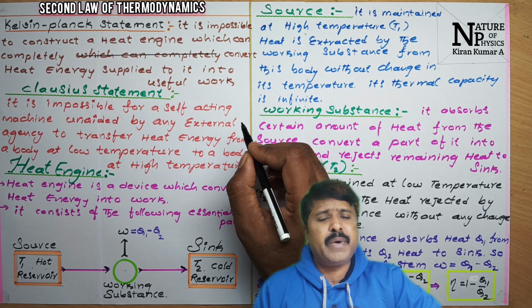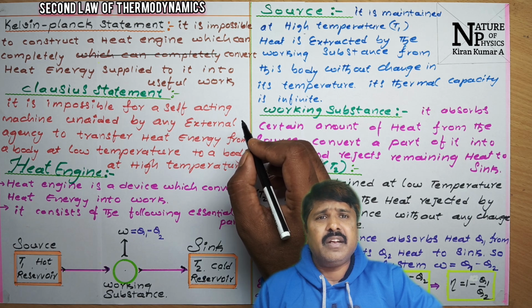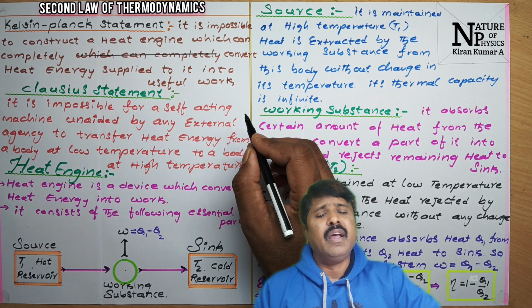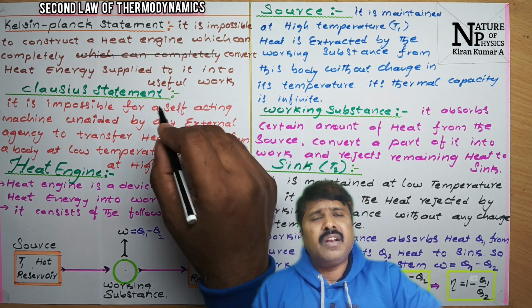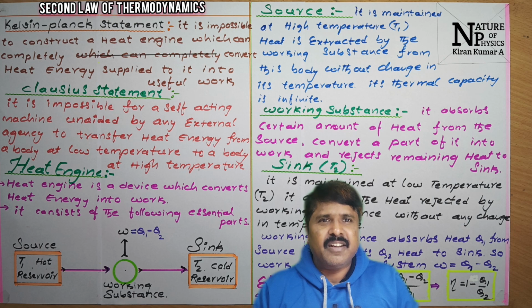Best example is a bike, in which we use fuel. Fuel burns with the help of oxygen, so heat energy is produced, and heat energy is converted into mechanical energy according to the law of conservation of energy. But some of the heat energy is transferred from the system to the surroundings, student. That's why it is impossible to construct a heat engine in which total heat energy is converted into useful mechanical energy.